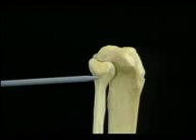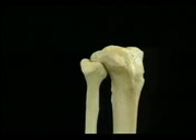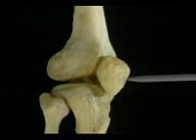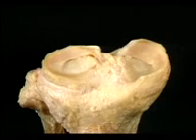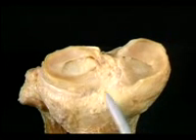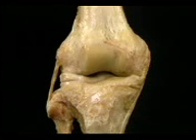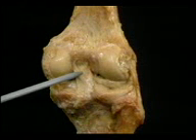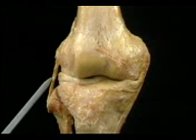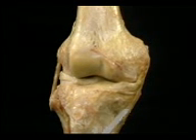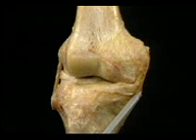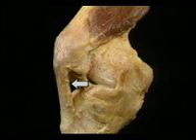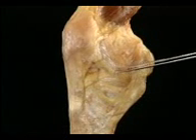Here's the head of the fibula, the neck of the fibula, the proximal tibio-fibular joint, and the patella. Here's the medial meniscus, the lateral meniscus, the anterior cruciate, and posterior cruciate ligaments, the fibular collateral ligament, the tibial collateral ligament, the quadriceps tendon, the patellar ligament, and the joint capsule.